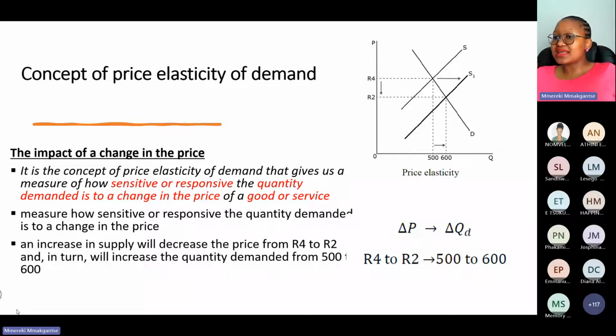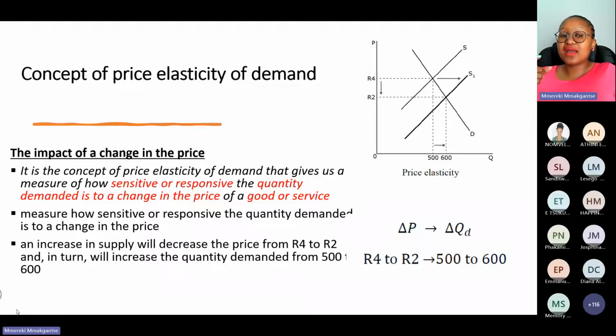The concept of price elasticity of demand gives us a measure of how sensitive or responsive quantity demanded is to a change in the price of a good or service. It measures how you respond when price changes.